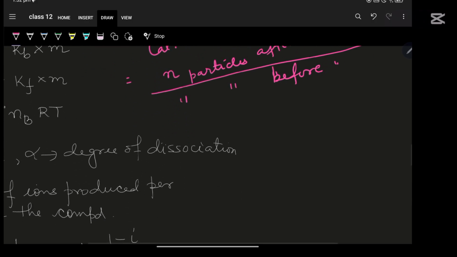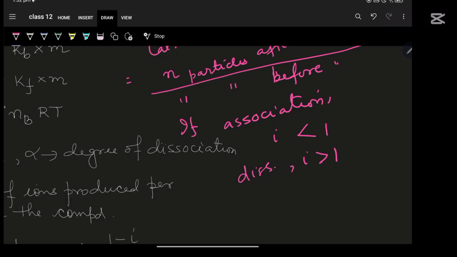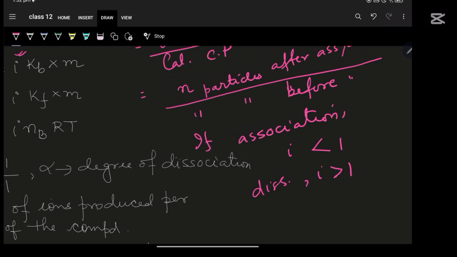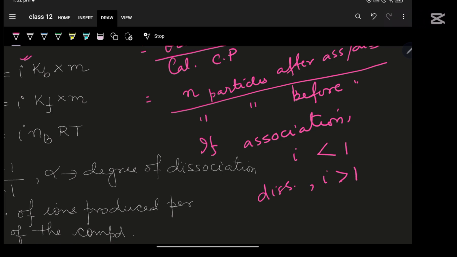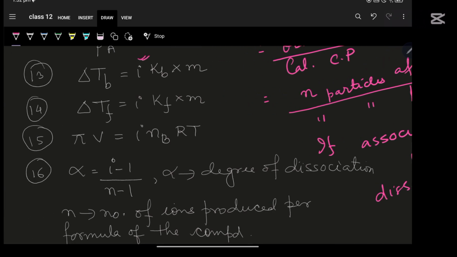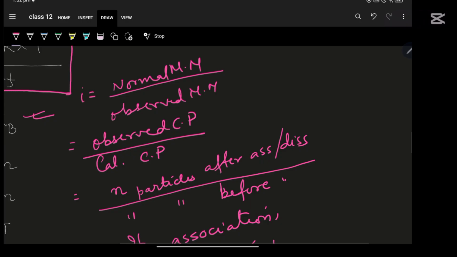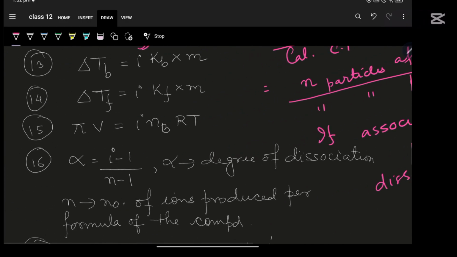So if there is association, then always remember that i is less than 1. And if there is dissociation, then i is greater than 1. And when there is no association or dissociation, i is equal to 1. So that was the Van 't Hoff factor. So this is the revision part of the Van 't Hoff factor. And you see in all of the colligative properties, this Van 't Hoff factor is introduced.